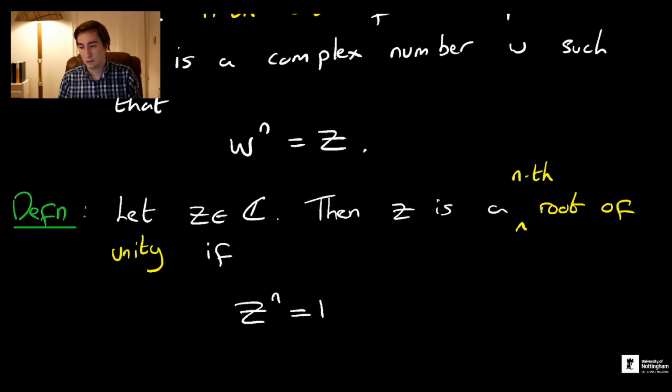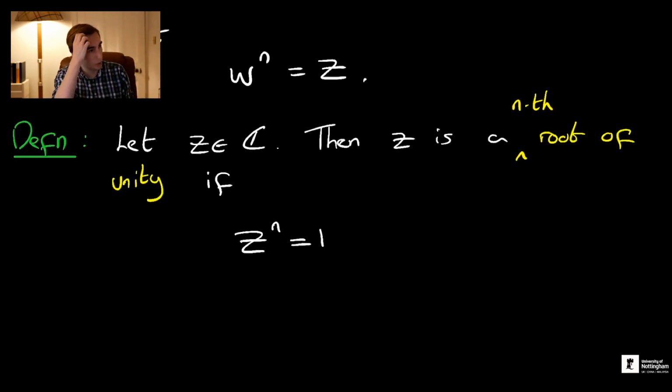So we're claiming that if we have a complex number and we raise it to the power of n, where n here is some natural number, and that equals 1, then that is an nth root of unity. But in general, if we've got a complex number that, raised to the power of n, equals 1, we just call it a root of unity.